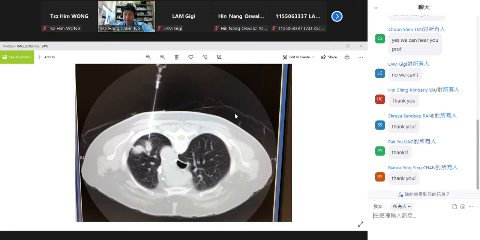If you suspect the patient has brain metastasis, for example, they have new neurological deficits, like sensory or motor deficits, you need to order an MRI brain with contrast. The MRI brain with contrast will usually be able to detect brain metastases as small as a few millimeters in size. Okay.